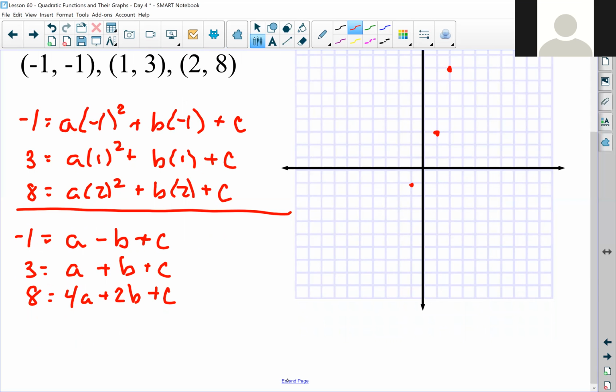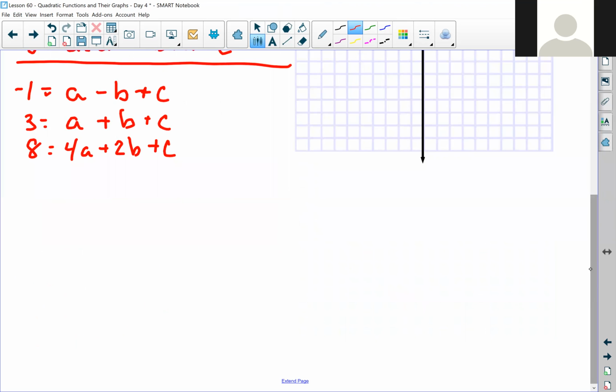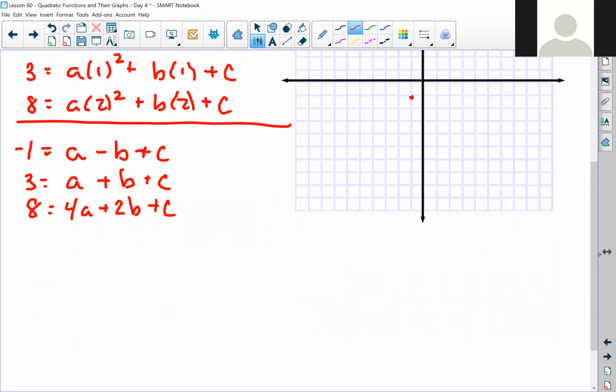And now you'll have a choice of which variable you want to eliminate. In all of these cases, you're always going to end up with a plus c at the end. So you could always just say, well, I'm going to eliminate the c. For this one, I'm going to eliminate the b, just to do it a little bit differently.